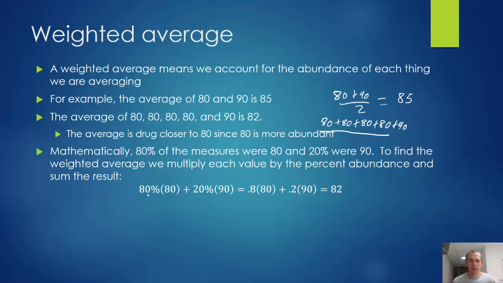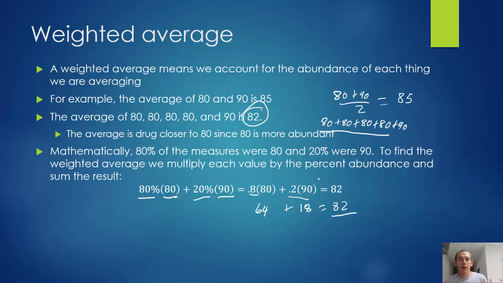We take 80% times 80 plus 20% times 90. Of course, 80% is really 0.8 and 20% is really 0.2, so 8 times 8 is 64, plus 2 times 9 is 18, and we get 82, which is exactly what we had up here. It's the same thing, but it shortcuts all this add, divide.